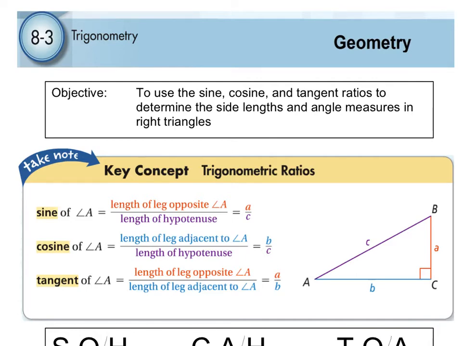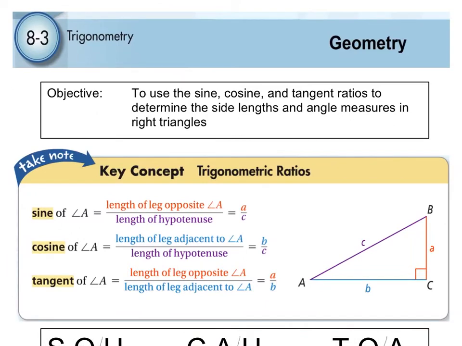The sine of the angle, and it matters which angle you're looking at, says the sine of angle A is equal to the length of the leg opposite angle A over the length of the hypotenuse. Angle A is right here. The side opposite angle A is A, and the hypotenuse is C. So it'd be A over C.